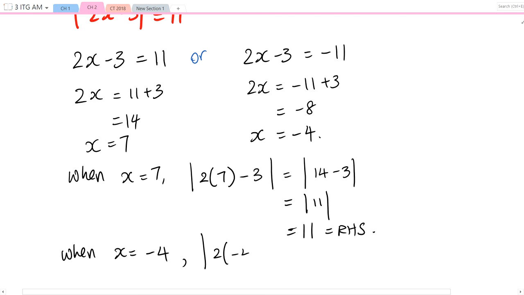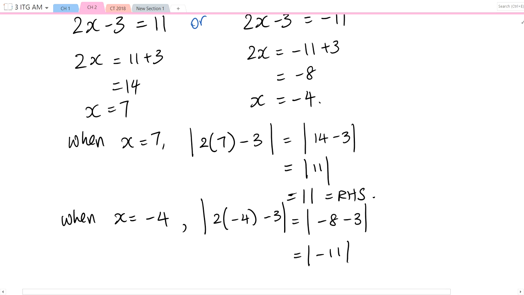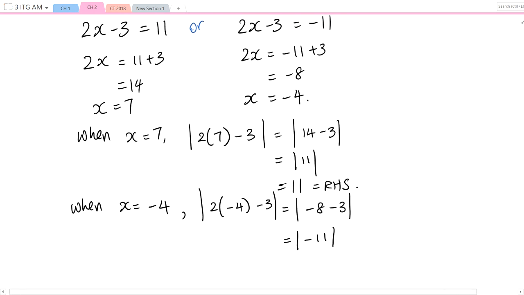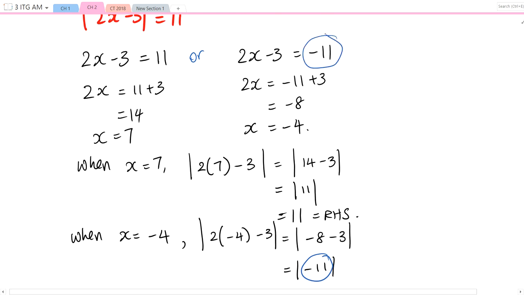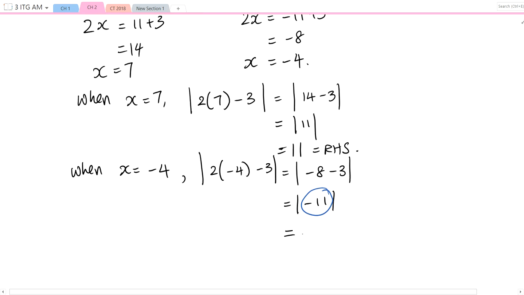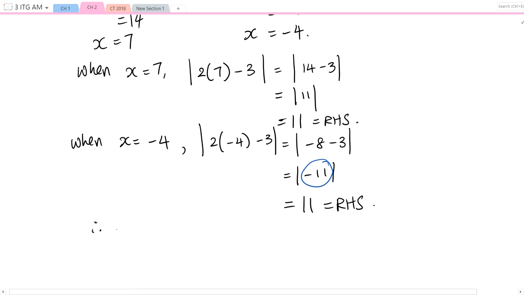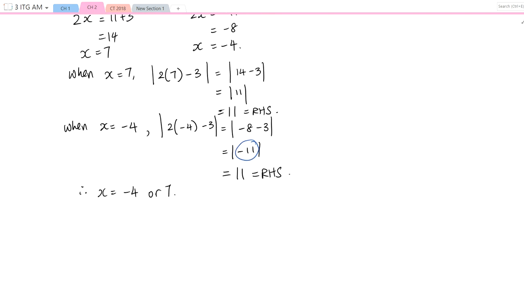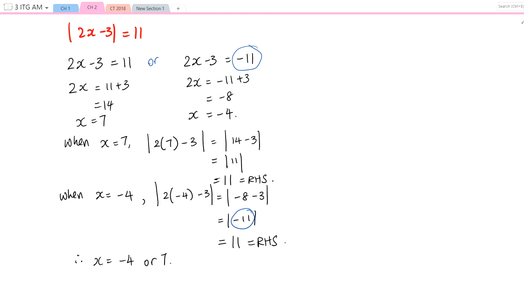So 2 times negative 4 minus 3 gives us modulus of negative 8 minus 3, which is modulus of negative 11, which is not a surprise because that was the case that we said. 2x minus 3 could be equal to negative 11, and we see what the modulus sign does. It changes it to positive 11, which is equal to the right hand side again. So we've got two answers that are valid. x equals negative 4 or 7. So this is the presentation that we are expecting.